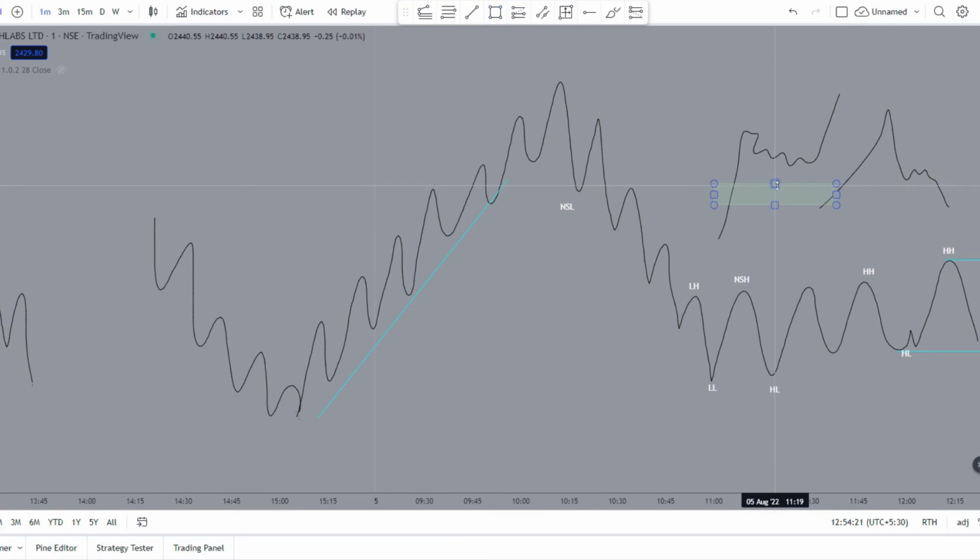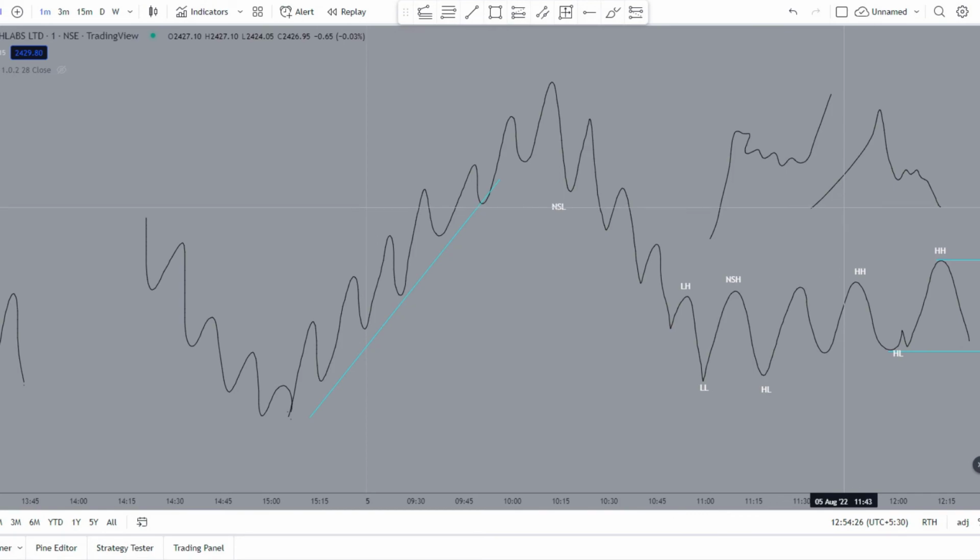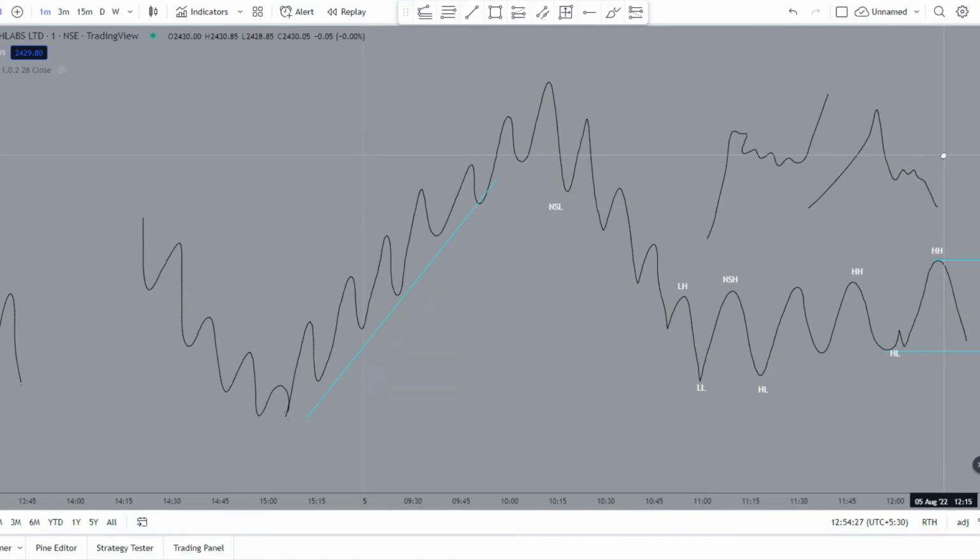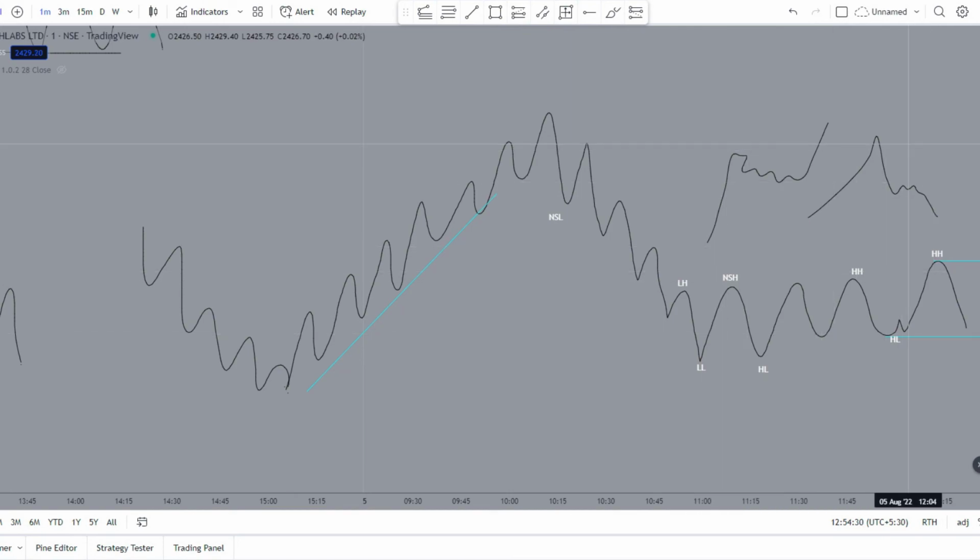All right, guys, I won't expand it too much, just to assimilate everything I have told you. Please try to practice this on any chart, any time frame. It even applies to minute charts, intraday charts, or even daily charts.